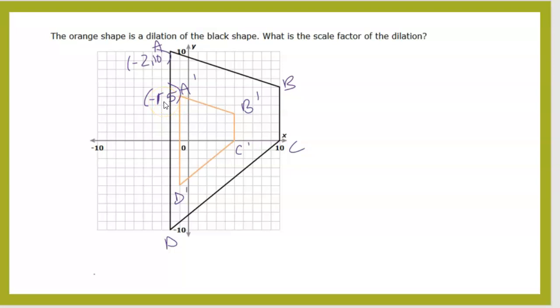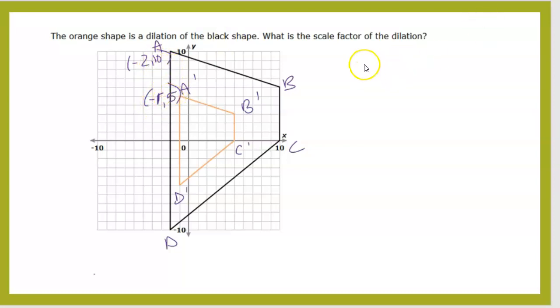Now, sometimes I know I said scale factor, you think multiplication, and that's true, but if you are going in reverse, to a smaller shape, you might think of division. But remember, we're going smaller, so we are going to have a fraction. So it's kind of up to you how you want to think about it. We're going to be multiplying the original number by something to get us to the A prime. So 2 times what gives you -1? And 10 times what gives you 5?